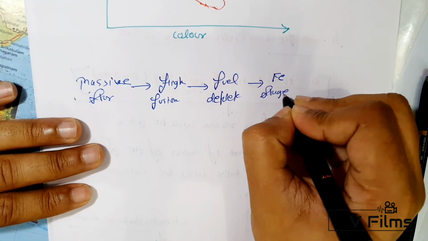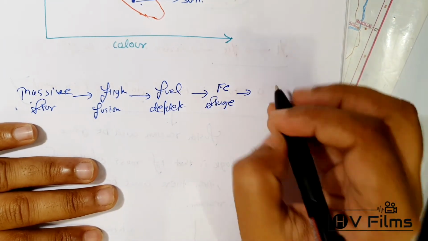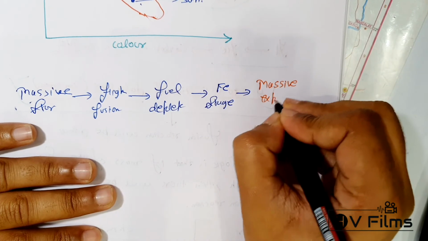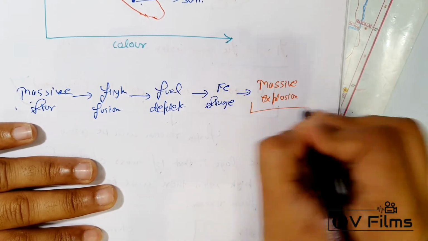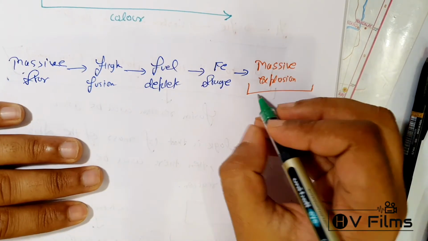Alright, and still it is very hot. It will suffer a massive explosion, and this massive explosion is what we call a supernova explosion.